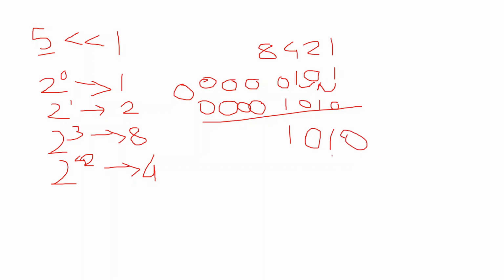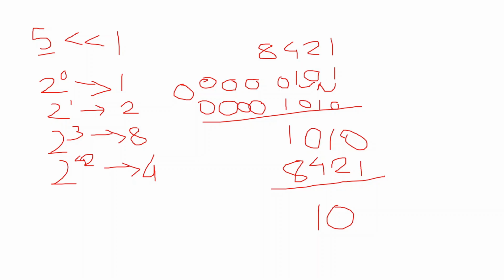So for this we need to write from descending to ascending. Here it will be 1, here 2, here 4, here 8. Now which numbers are 1? That we need to add. Number 1 is at 8 and 1 is at 2, so 8 plus 2 is 10. So the output for this is 10.